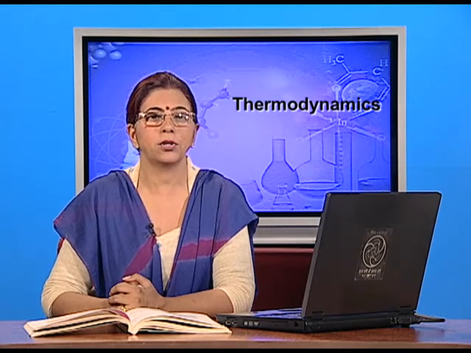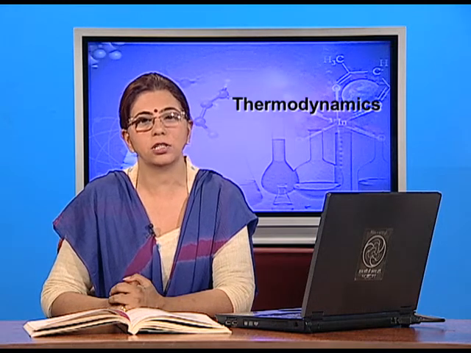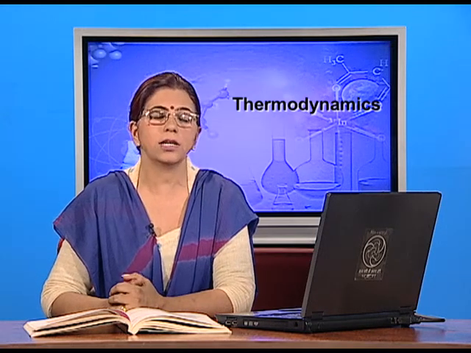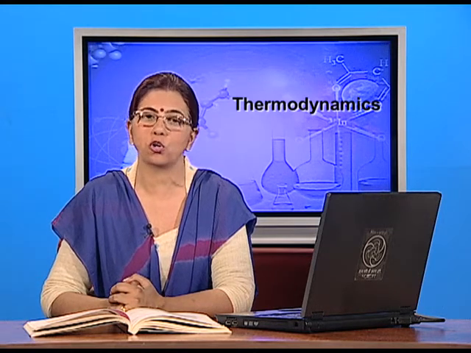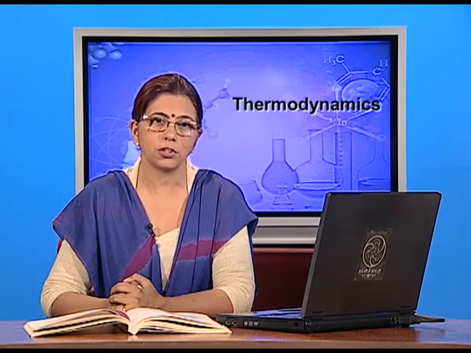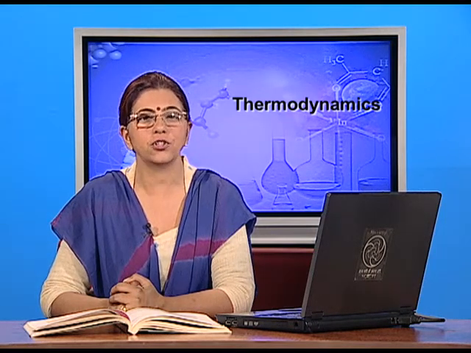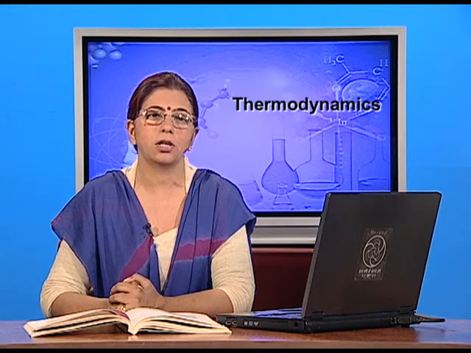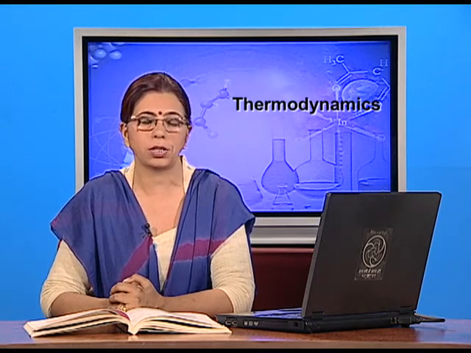The other thermodynamic parameter we studied is enthalpy, or the heat content of the system. Just like internal energy, finding the exact value of enthalpy is also not possible. Delta H, that is enthalpy, and delta U, that is internal energy, are related by the equation delta H equals delta U plus P delta V.